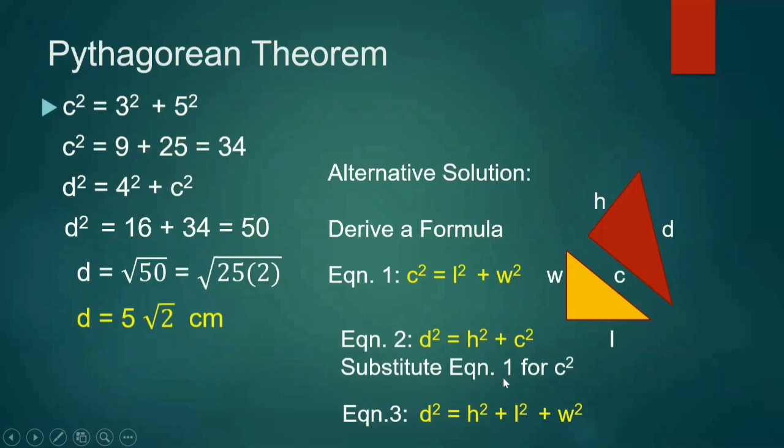Then substitute equation 1 for C squared in equation 2. And we get equation 3, which is D squared is equal to H squared plus L squared plus W squared.